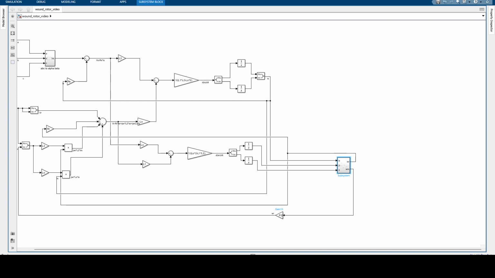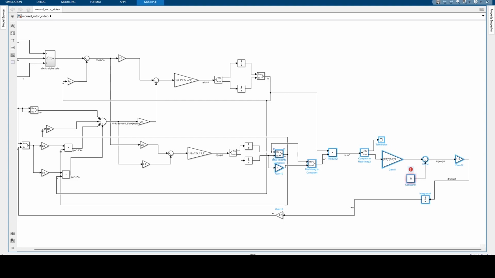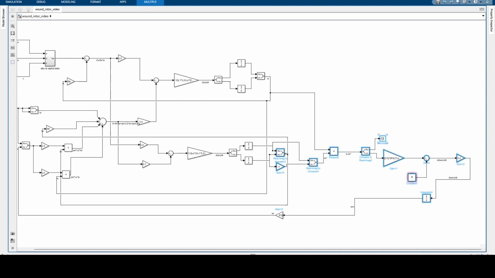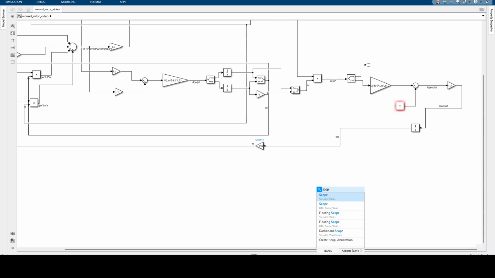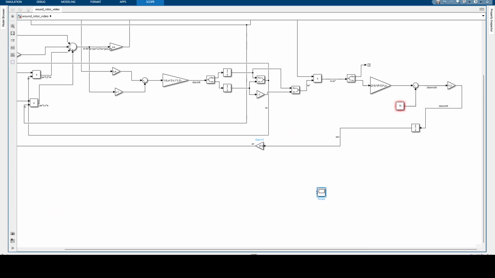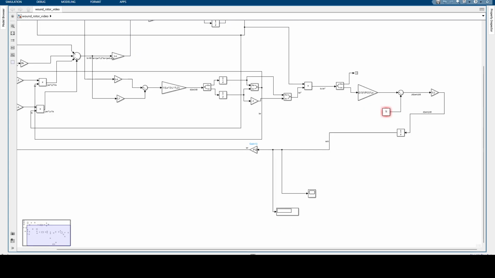Oh, but it should only return our omega m. All of that was our mechanical. So we can have a scope here to see our speed. Also I'm going to add a display to see what the value is going to be when it settles.